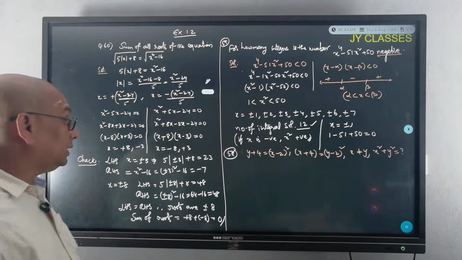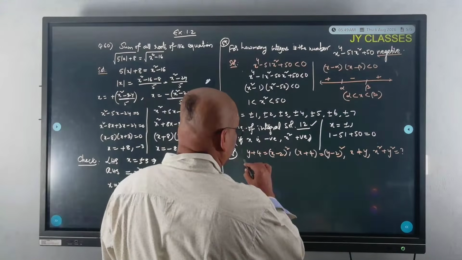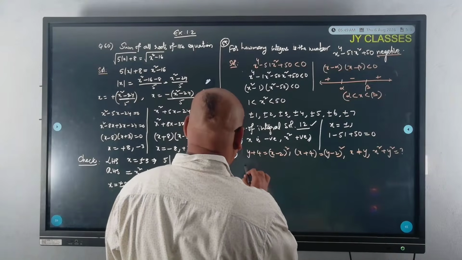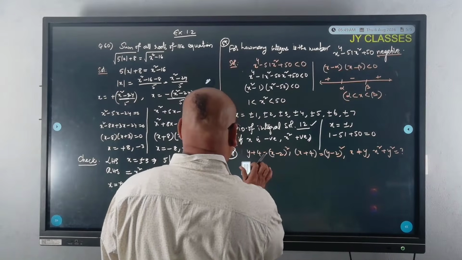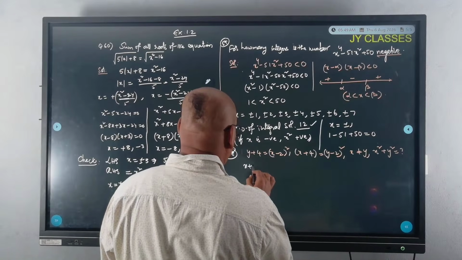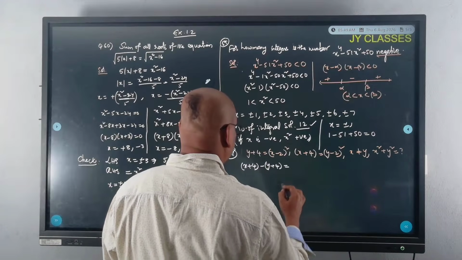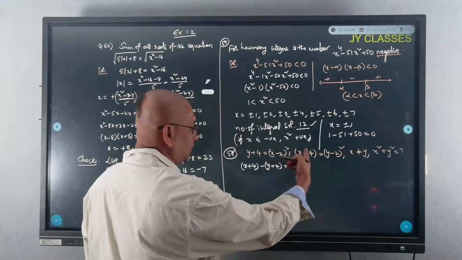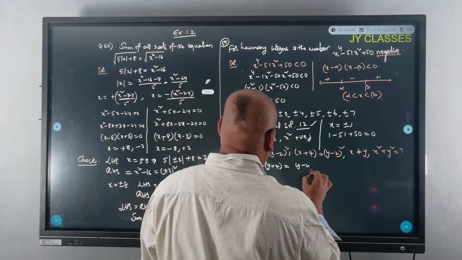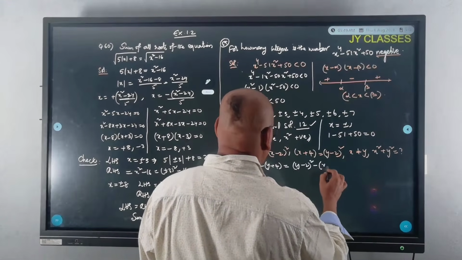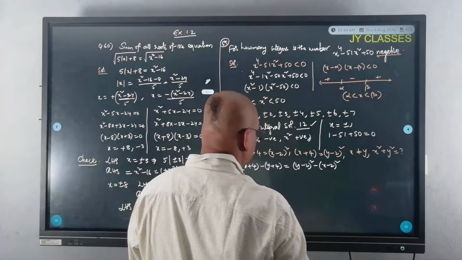See question number 58. If you'll add these, or if you subtract this, x plus 4 minus y plus 4 is equal to y minus 2 whole square minus x minus 2 whole square.